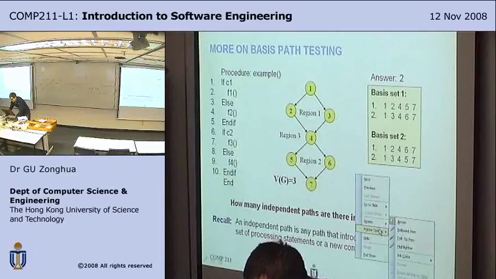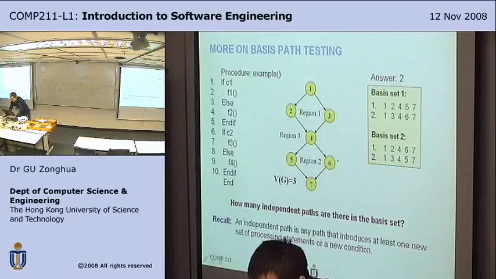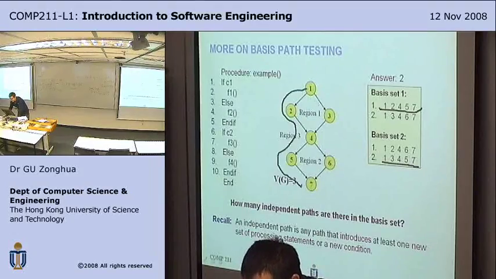So let's look at perhaps how about this one: 1, 2, 4, 5, 7 and 1, 3, 4, 5, 7. Does that form a basis set? So 1, 2, 4, 5, 7, and 1, 3, 4, 5, 7.